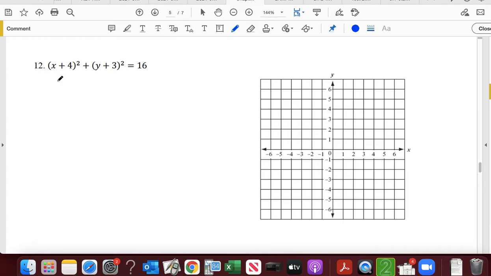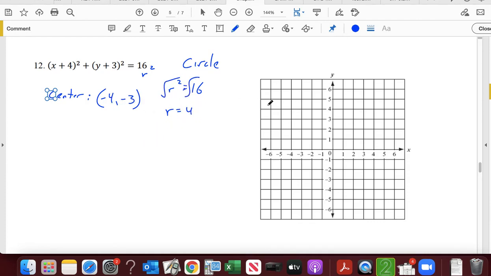So this is a circle. So we know that the center of this circle is at -4, -3. And we know this is the radius squared. So since r squared equals 16, we know that r equals 4 if we square root both sides.